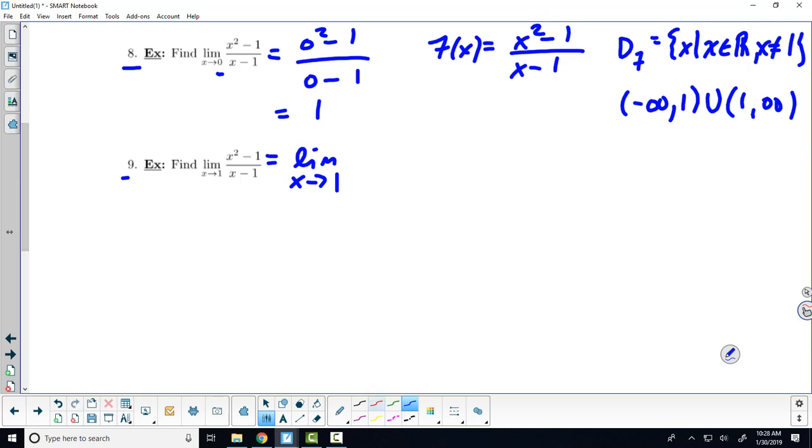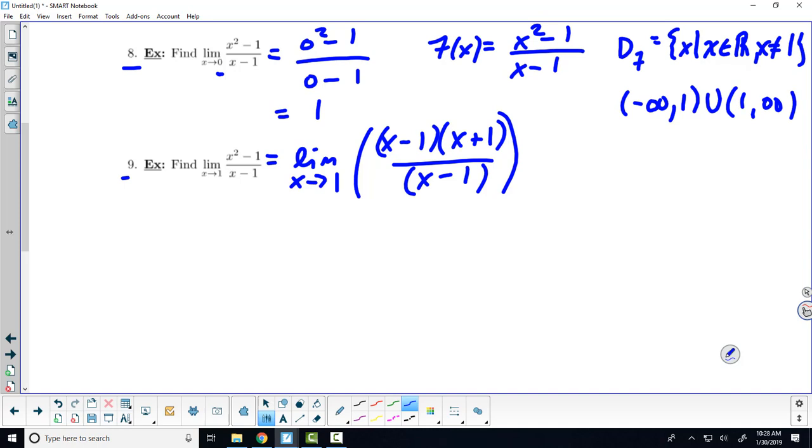All right, so I'm working inside the limit, and I'm going to rewrite the expression inside the limit as x minus 1 times x plus 1 all over x minus 1. Have I evaluated the limit yet? No, so I'm still writing the limit as x approaches 1.